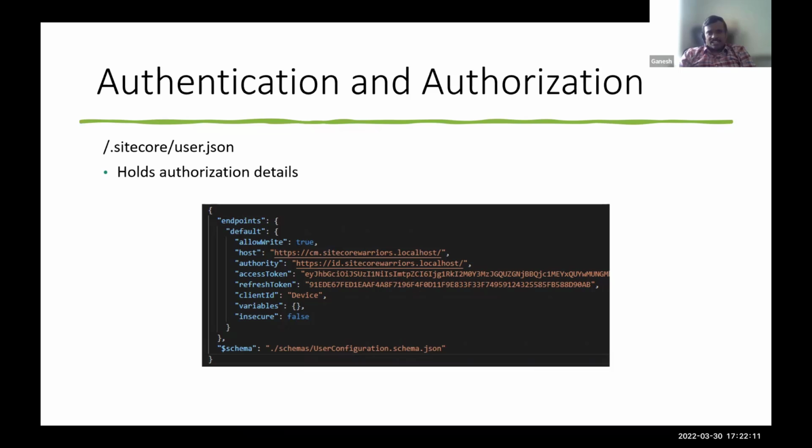In a similar way, you can create multiple endpoints by passing the name -n parameter in the login command. We can create one endpoint for QA and one endpoint for prod, and thereby we can use the diff command for comparing the two instances. Those types of scenarios we can do. So we can create multiple endpoints with the help of the login command, which will get added to this user.json file.